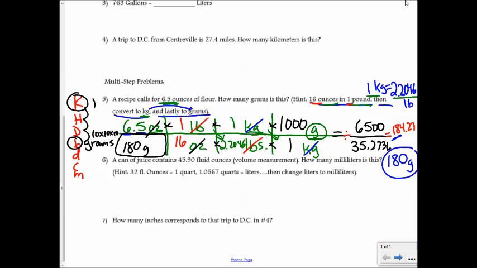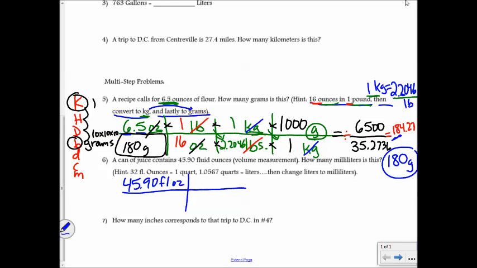Okay? Let's try number 6. We're going to do a bunch here before we move on to our physical and chemical properties. So we have 45.90 fluid ounces this time, because fluid ounces are different than regular powder ounces in baking.